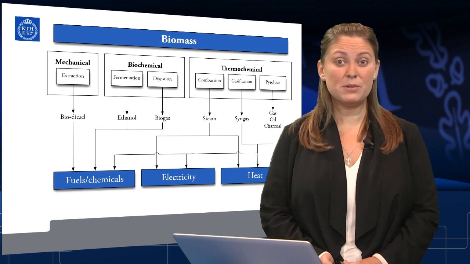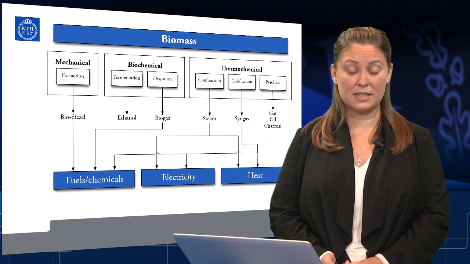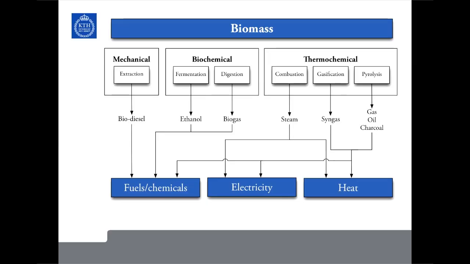So, different products can be produced from biomass through several processes and methods. The choice of a method is dictated by biomass properties and desired use. We can conclude that not all methods are suitable for all types of biomass.